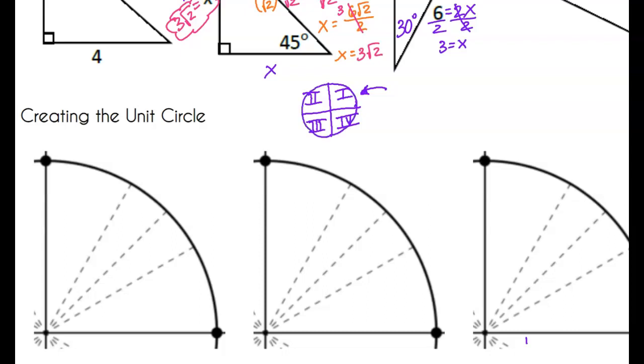Now, does anyone know why the unit circle is called the unit circle? If you went into Best Buy and asked a worker, do you have this in stock, and they said, oh yeah, we have a unit in the back, what does that mean?